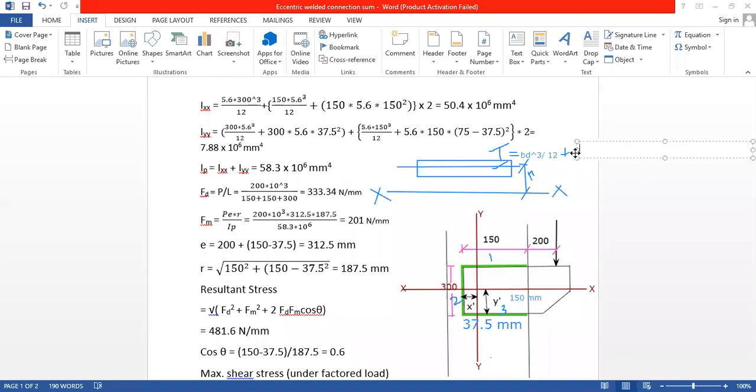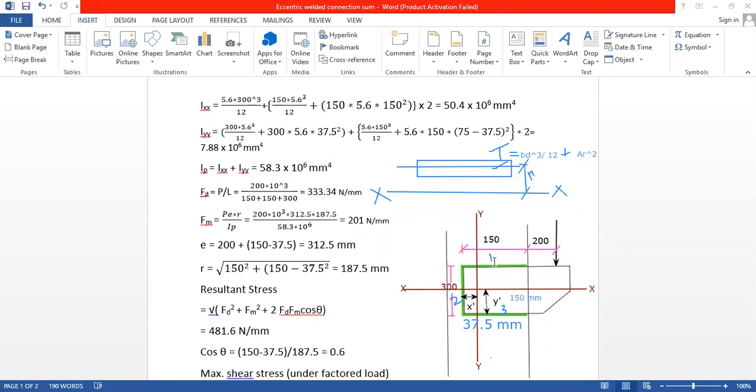Okay, so this is my formula for moment of inertia whenever the axis with respect to which we are calculating the inertia is not passing through the member.